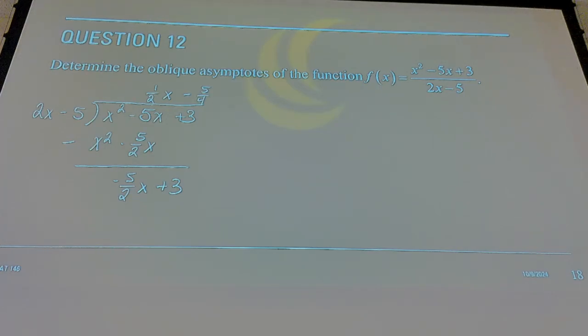At this point, I don't really care about the remainder, but I'm still going to find it. Three minus 25 over 4. Negative 13 over 4.